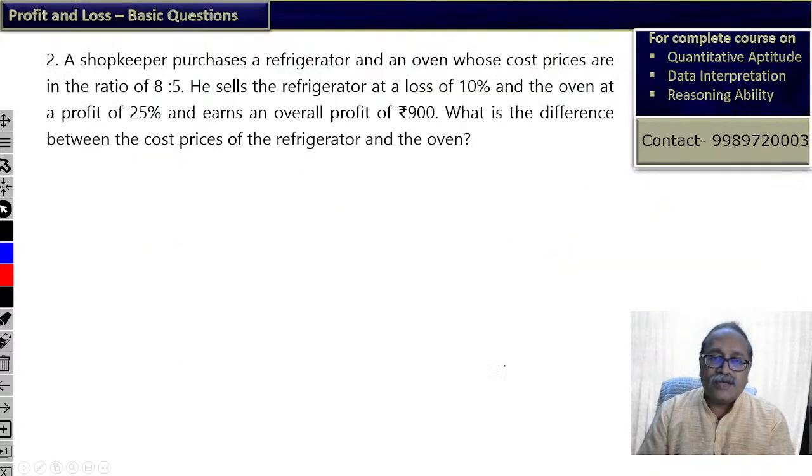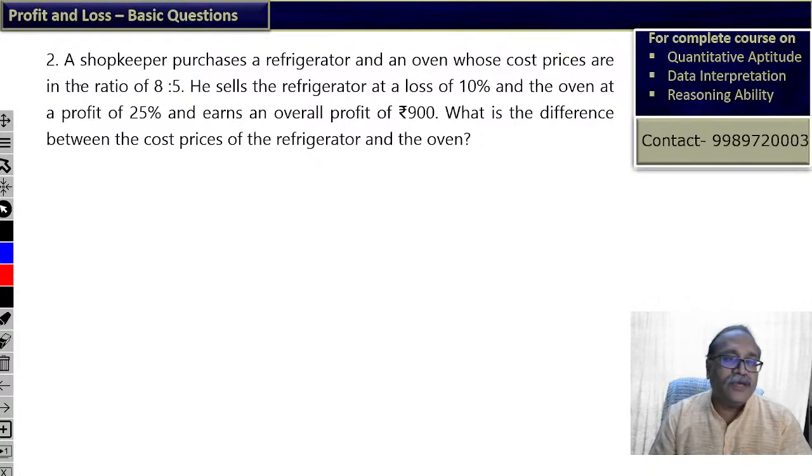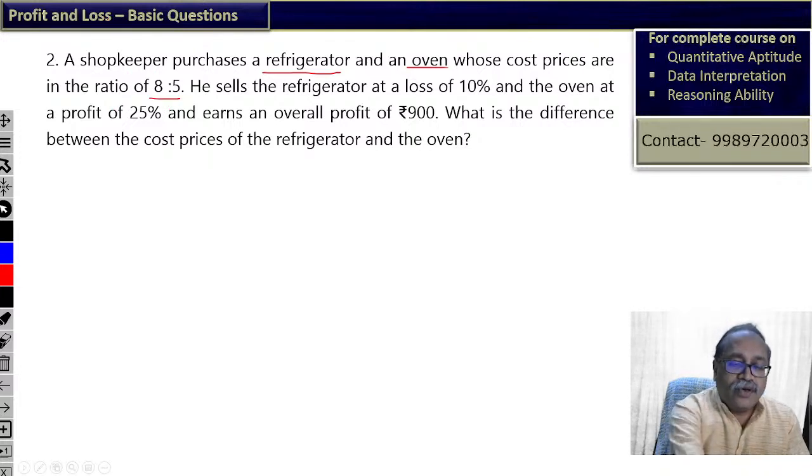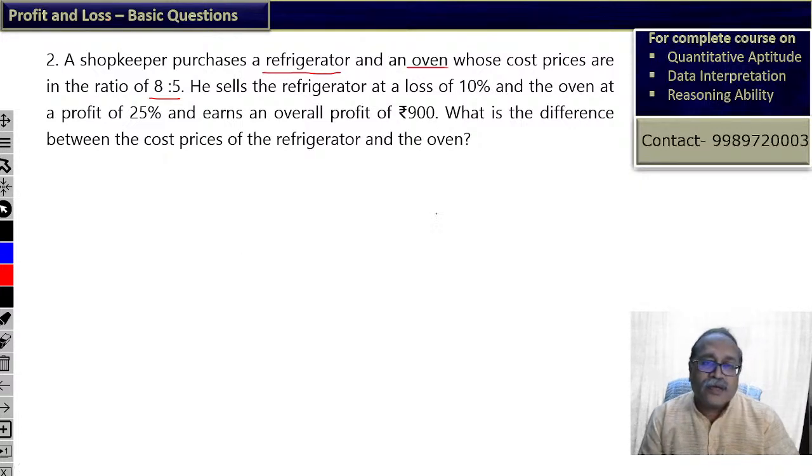चलिए नेक्स्ट चलते हैं. यहाँ पर a shopkeeper purchases a refrigerator and an oven whose cost prices are in the ratio of 8:5. इस रेशियो में है कॉस्ट प्राइस. तो अब हमें करना क्या है? देखिए, he sells the refrigerator at a loss of 10% and the oven at a profit of 25%. यहाँ पे लॉस है, यहाँ प्रॉफिट है.